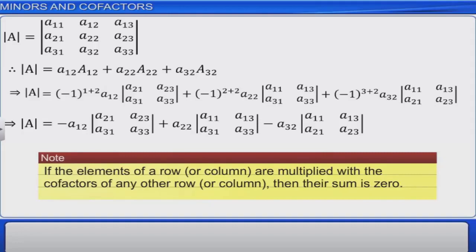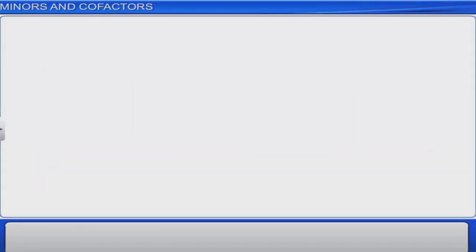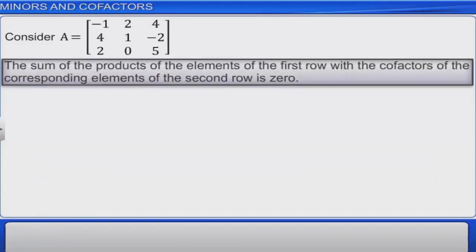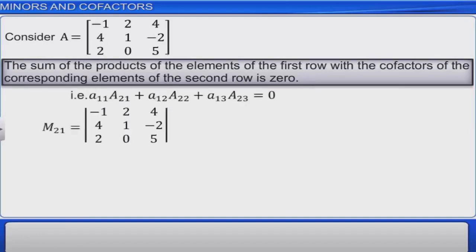Consider a 3 by 3 matrix A as shown. Let's verify the result by showing that the sum of the products of the elements of the first row with the cofactors of the corresponding elements of the second row is 0. The minor of the first element of the second row is the determinant of the matrix obtained by deleting the first column and the second row.